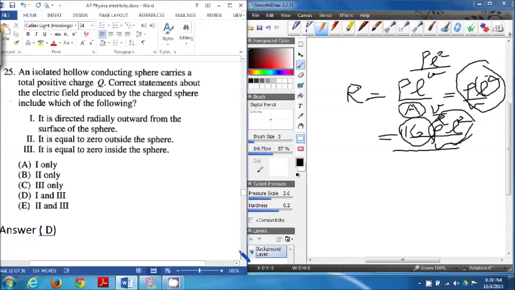It is equal to 0 inside the sphere. And that is true. The conducting sphere will have equipotential inside. So the field is 0 inside the sphere. So the answer is 1 and 3. So answer is D.